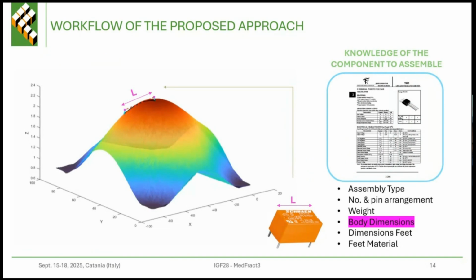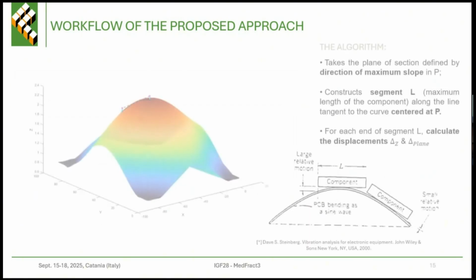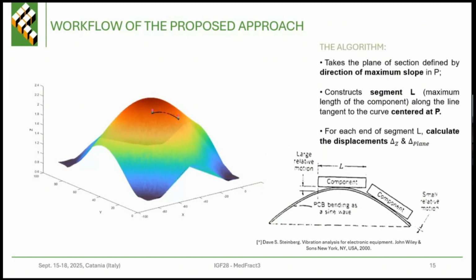With the knowledge of the body dimension, in particular this length, the biggest one for the component, the algorithm, and this is the heart of our approach, takes each plane in the maximum slope direction and puts the segment L in this direction to calculate the displacement of the PCB at the end of this segment.